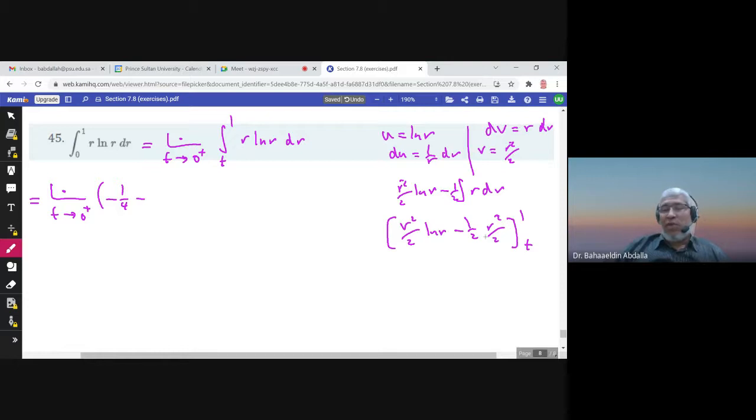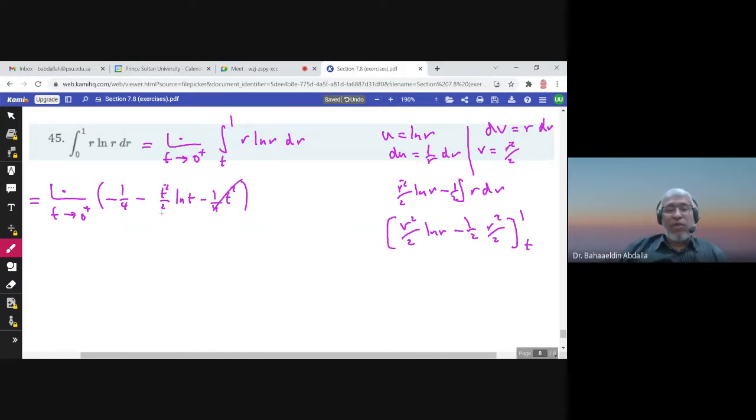Then replace r by t. So I'll have t squared over 2 ln t minus half, or minus 1 over 4, t squared. If t is 0, this would be 0.